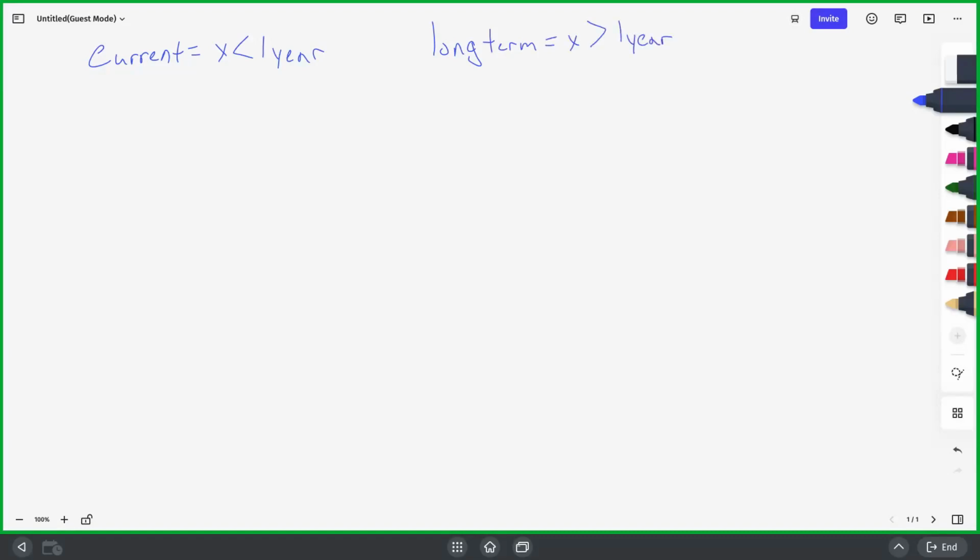So just to kind of run through it, can some people give me some examples of some long-term liabilities? Bonds, notes. Which are the main focus of the chapter.